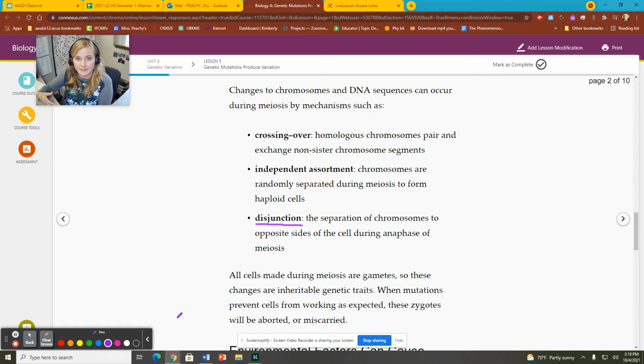Maybe you'll get 3 copies of one instead of 2, so after fertilization you have 3 instead of 2. Or maybe one of them breaks apart and you end up with just a part of a chromosome. Those can often lead to more catastrophic results than if they separated properly and you just had other mutations.